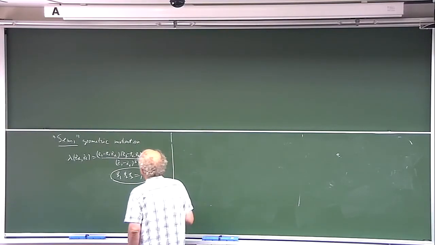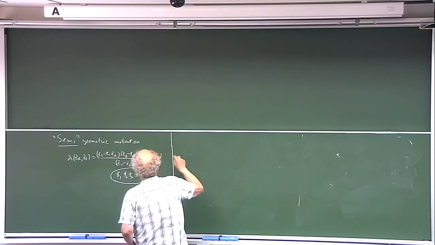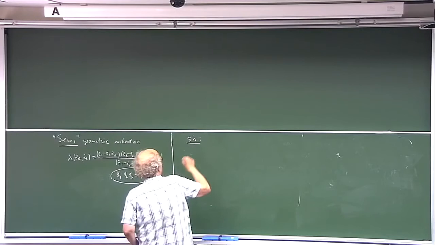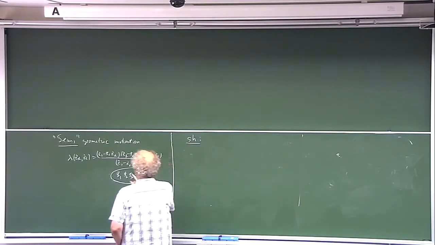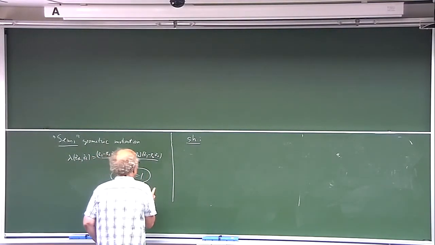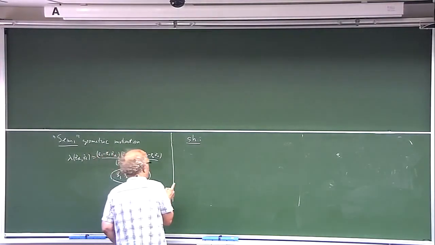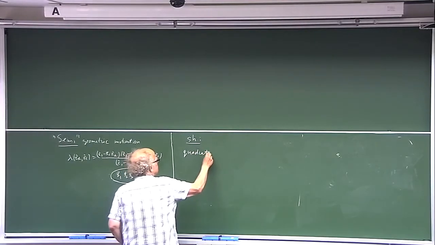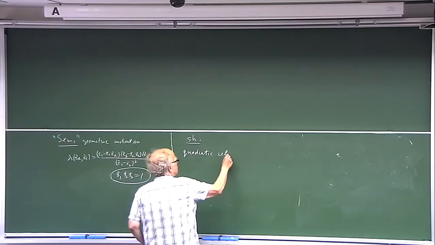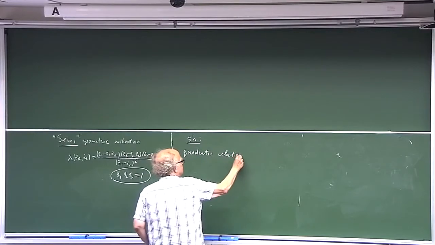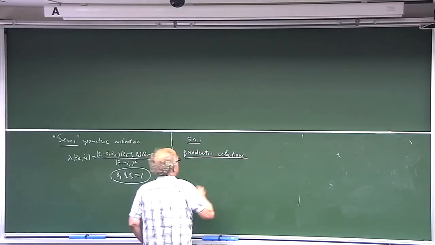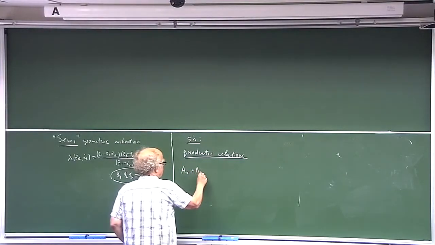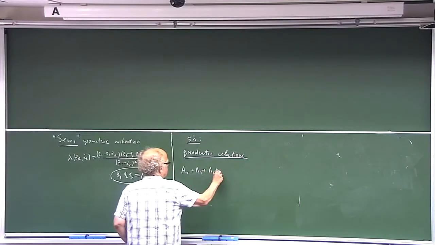Now, suppose I have the shuffle algebra and lambda is such a function, and I'm asking about quadratic relations. The algebra is A0 plus A1 plus A2 and so on.